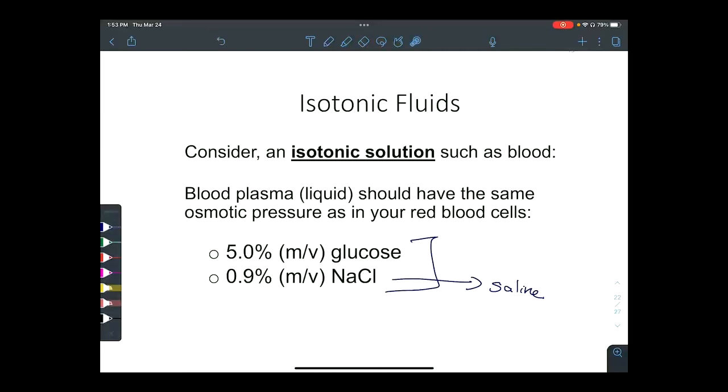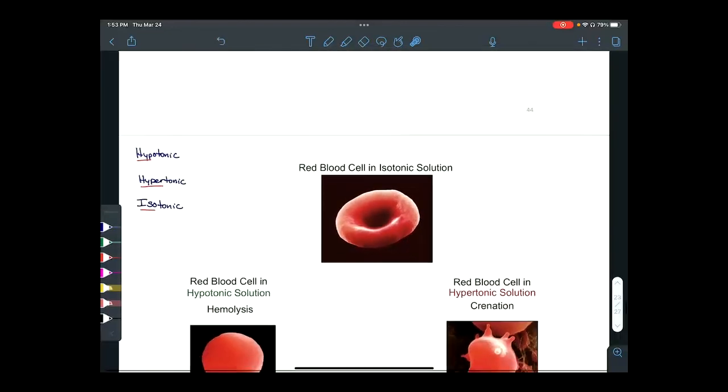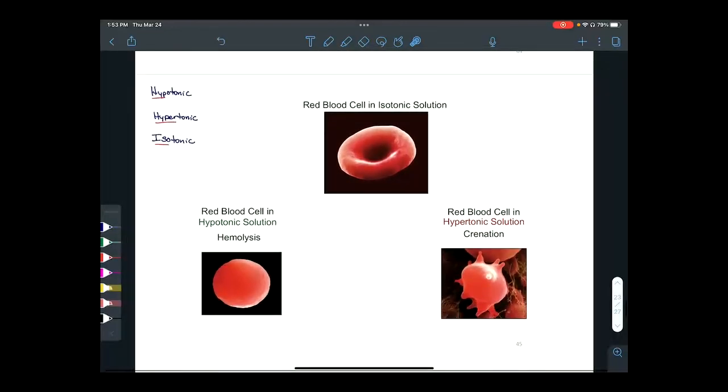When we introduce solutions that are the same concentration as these, osmosis in one net direction won't happen, so we have this nice equilibrium. But what happens when we don't have the same concentration, like with our red blood cells?